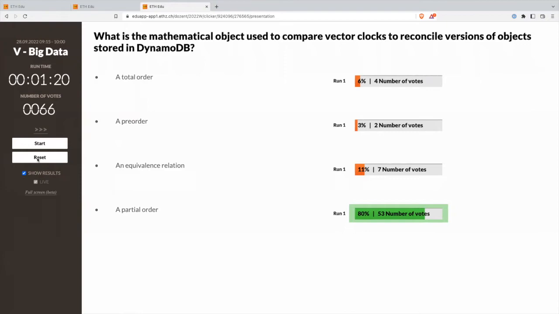Okay, but here I'm pushing things. This is really just to give you some mathematical foundations. So basically, the vector clocks are compared with a partial order. And for computer scientists, that would basically be a DAG, right? A directed acyclic graph. All right, so I'm done bothering you with math, and I'll come back to the slides.